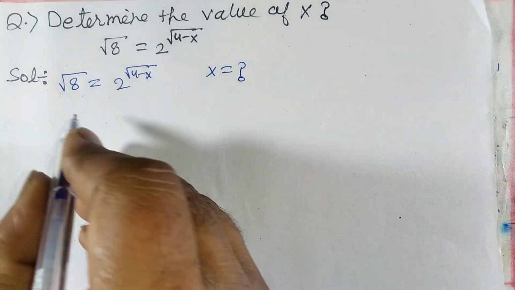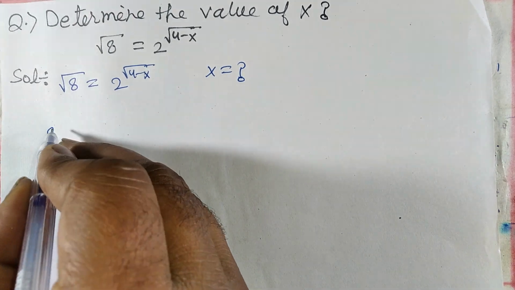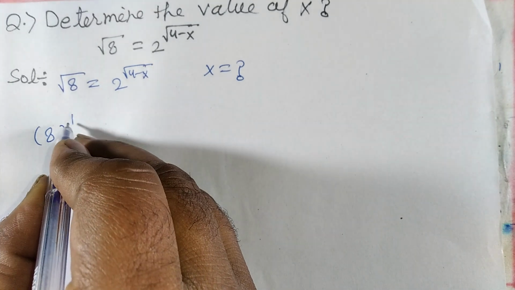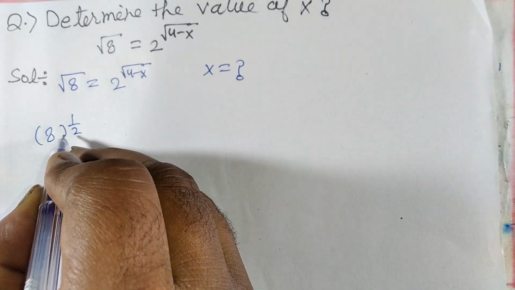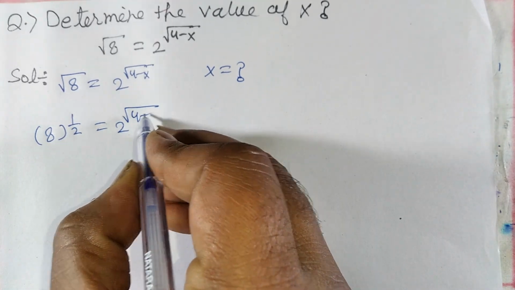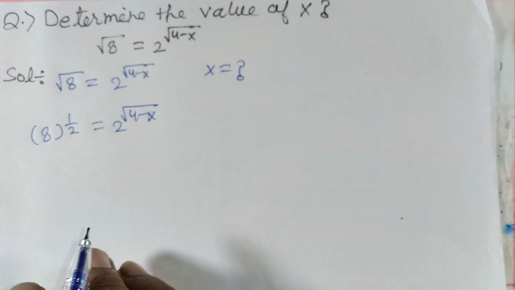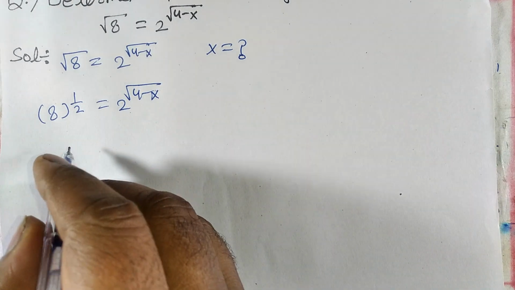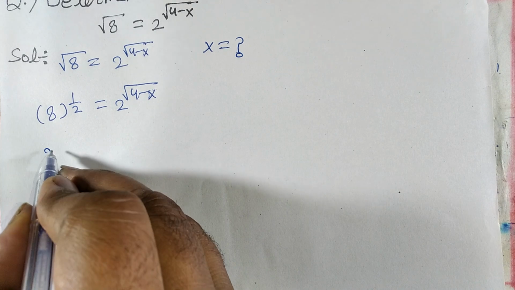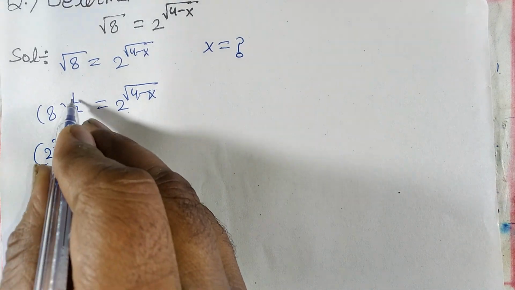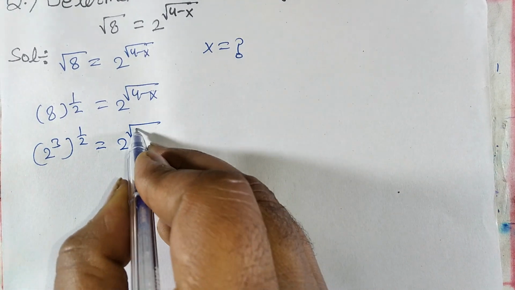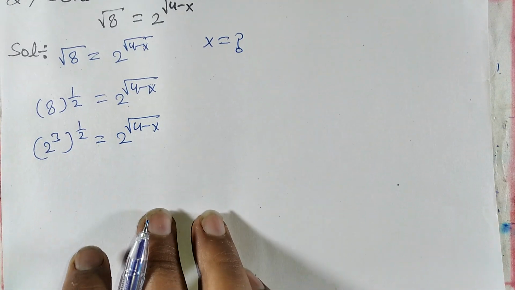Now solving this again, the square root of 8 we can write like 8 to the power 1 by 2, is equal to 2 to the power square root of 4 minus x. Now this 8 we can write like 2 cube whole raised to the power 1 by 2 is equal to 2 to the power square root of 4 minus x.